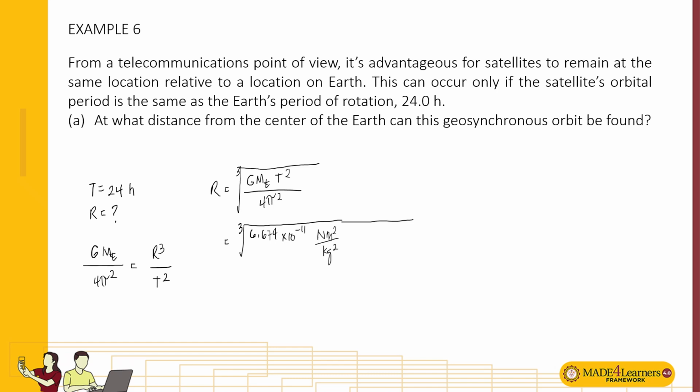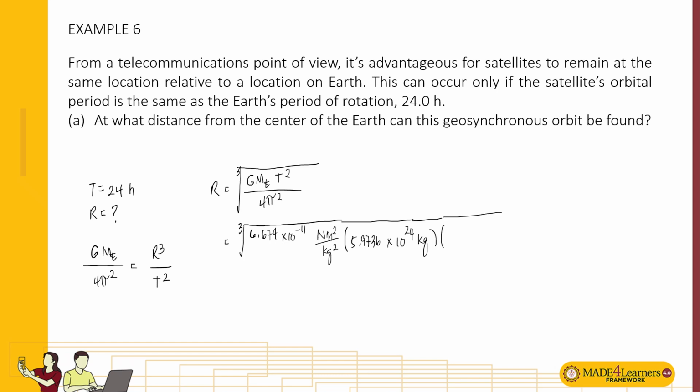The mass of the Earth in kilograms is 5.9736 times 10 to the power of 24 kilograms, and we multiply this with T squared.